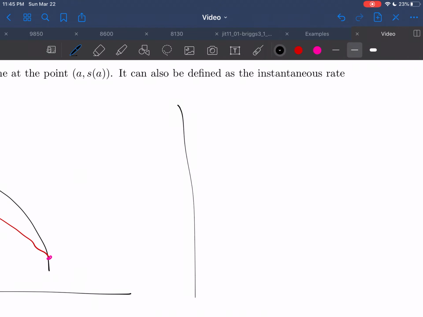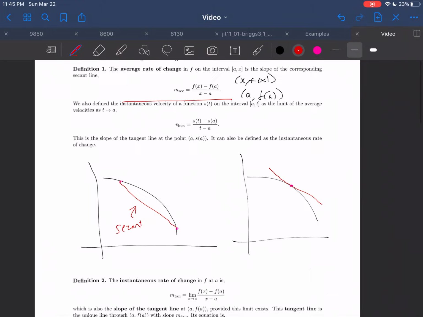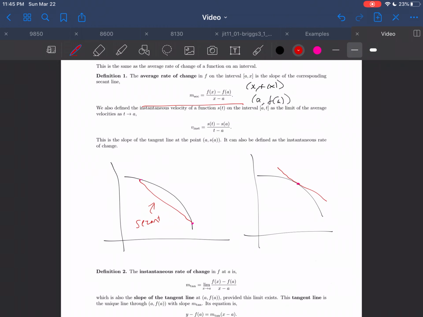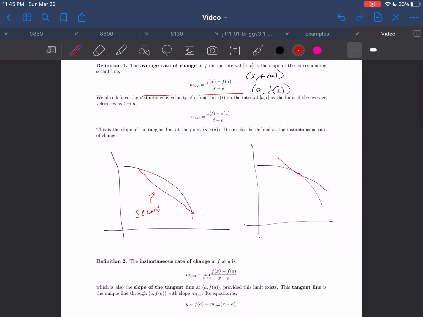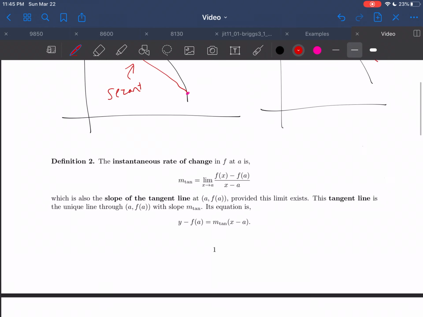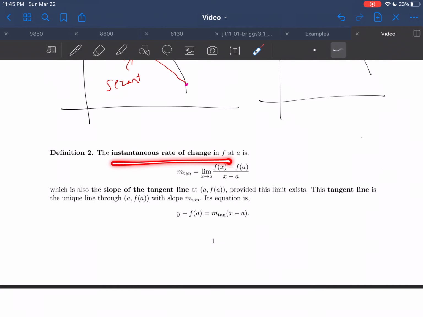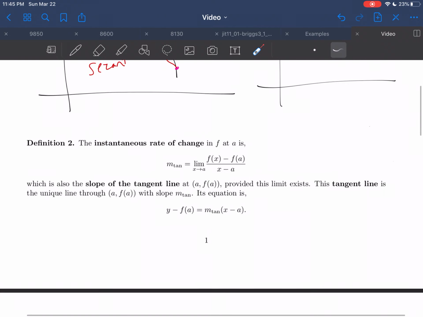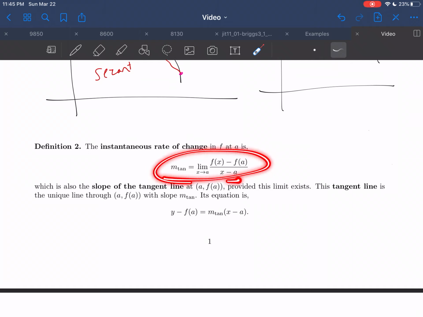And we had our tangent line. We have some function, and I'm looking at a point here. We look at the tangent line. That's going to be our instantaneous velocity, or it's the same as our instantaneous rate of change. It's given by the limit of all the possible secant lines.